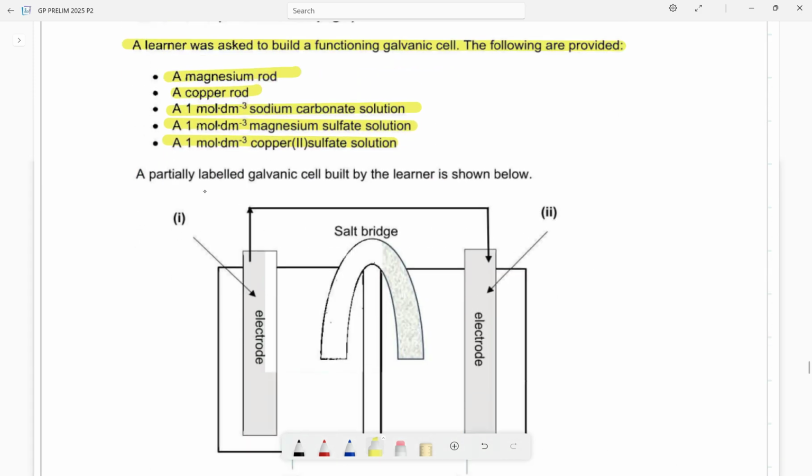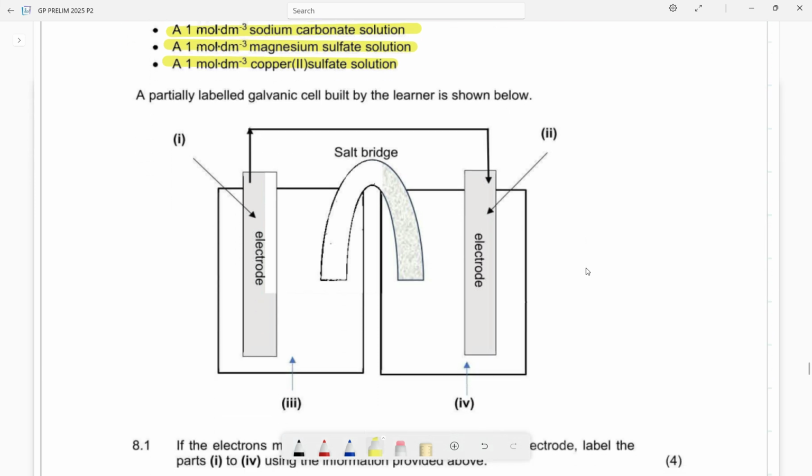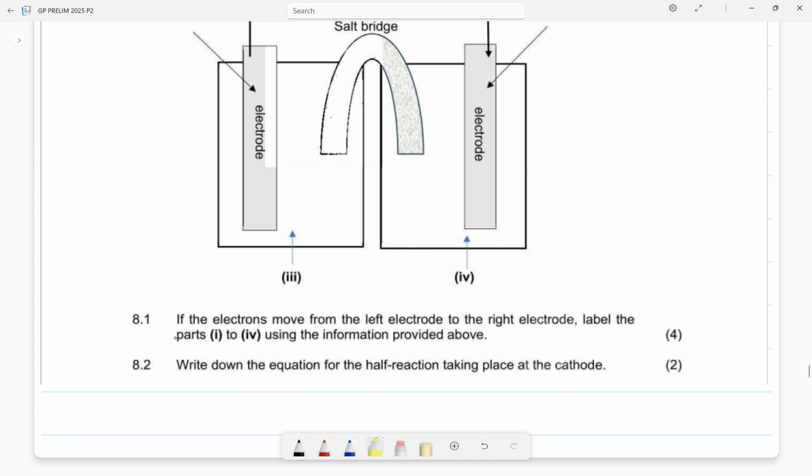Then it says a partially labelled galvanic cell built by the learner is shown here. If electrons move from the left electrode to the right electrode, label the parts thereof.